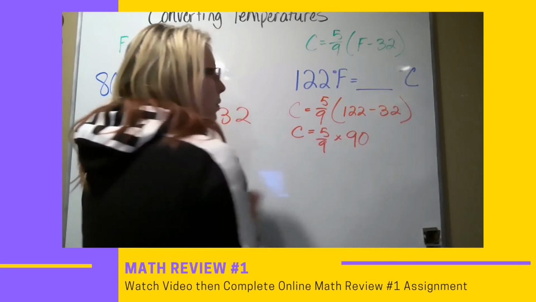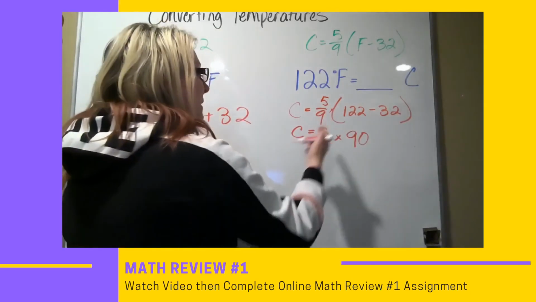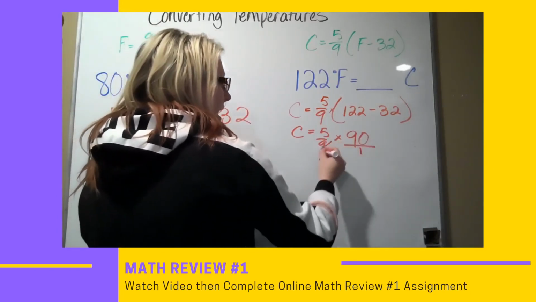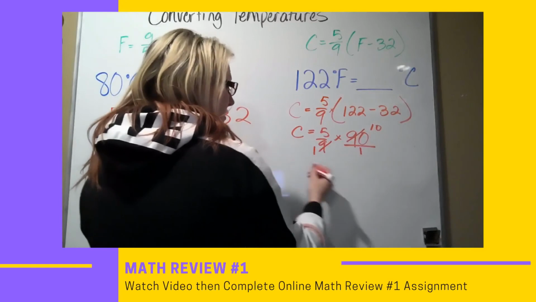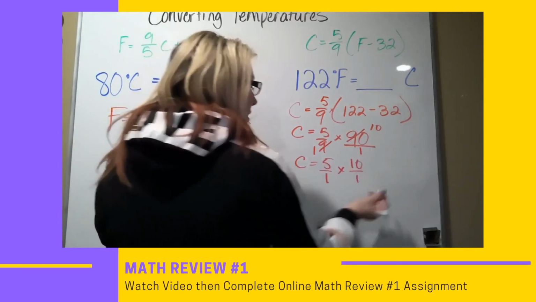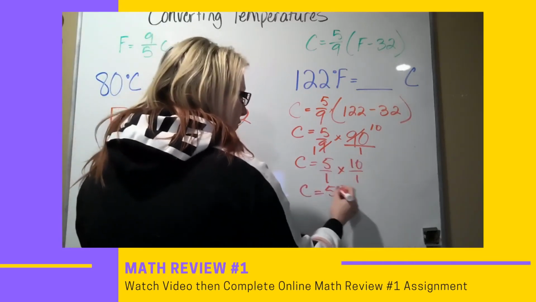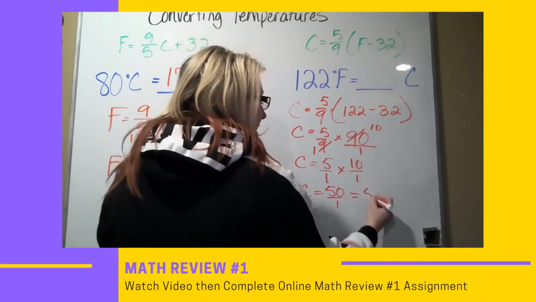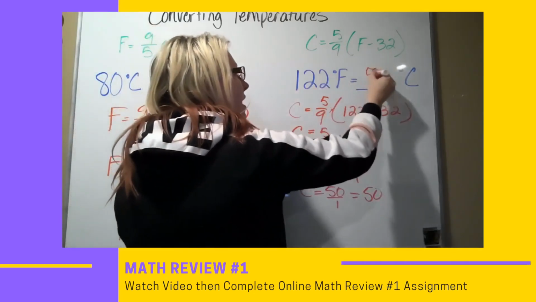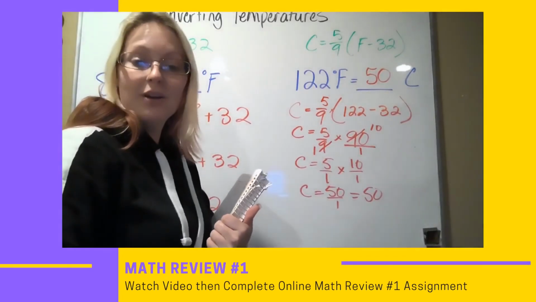Then we multiply, because remember, this means multiply right here. So now we put this over 1. 9 can go into 90 10 times. We then have C equals 5/1 times 10/1, and we know that C equals 50/1, which then equals 50. So we know that 122 Fahrenheit is 50 degrees Celsius. That is converting our temperatures.